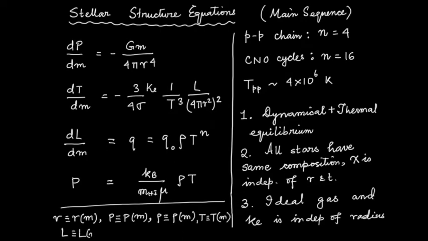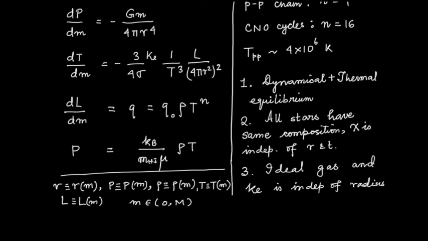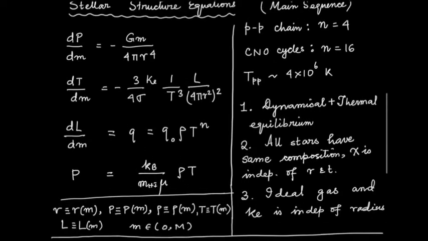And luminosity. M varies. At the center of the star it is 0, at the surface it is 1. The only parameter, remember, we have is the mass of the star. Everything else we would like to express in terms of the mass of the star.